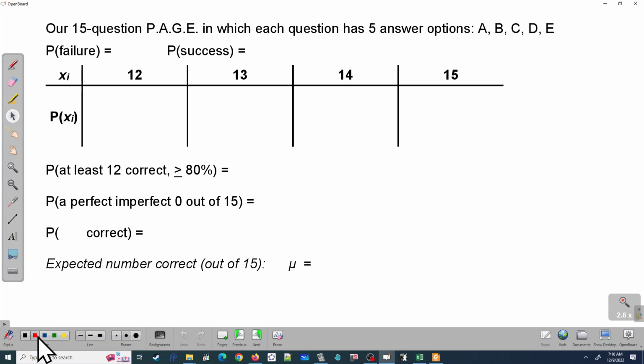So first off, the fact that if there is 5 choices and success only occurs 1 time, I would expect that probability to be 0.2. Failure, on the other hand, will occur 4 out of every 5 times, which is the same as 80% or 0.8. Now for this problem, if I'm doing this as a probability distribution table, I should be writing out that I could have 0 correct, 1 correct, 2 correct, all the way up to 15 correct.